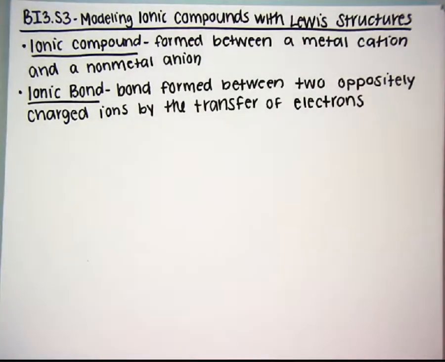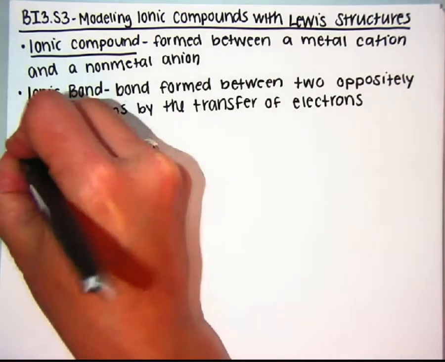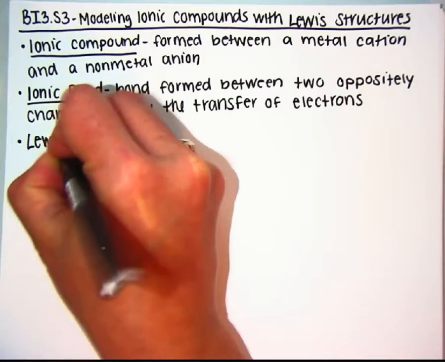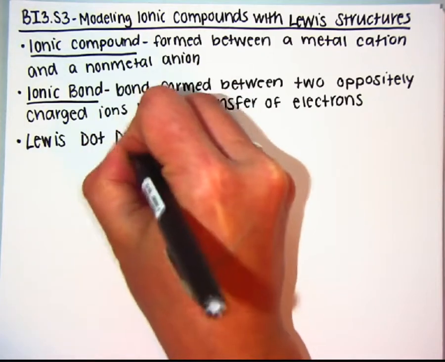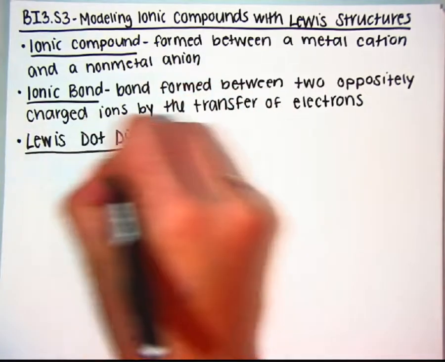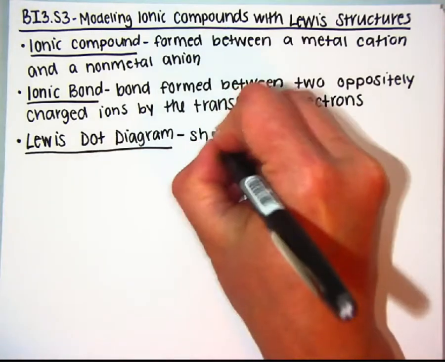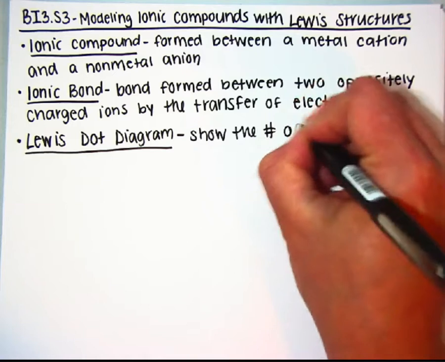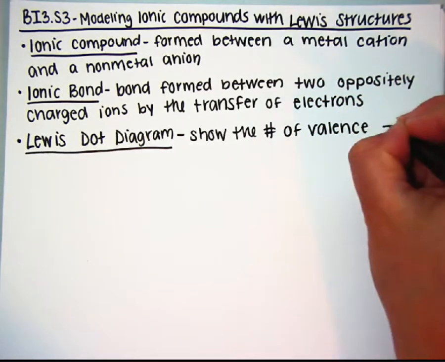We are going to model how these ionic bonds and how these ionic compounds form using something called a Lewis structure, or sometimes called a Lewis dot diagram. The Lewis dot diagrams show the number of valence electrons.